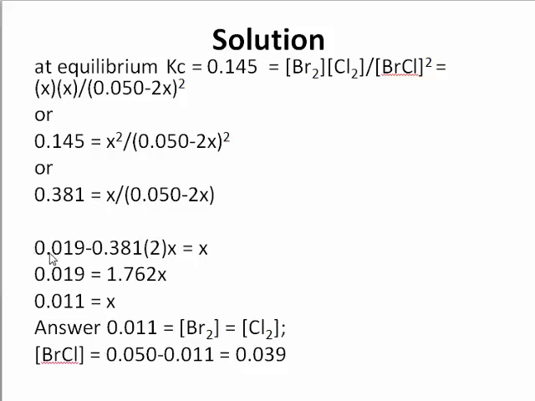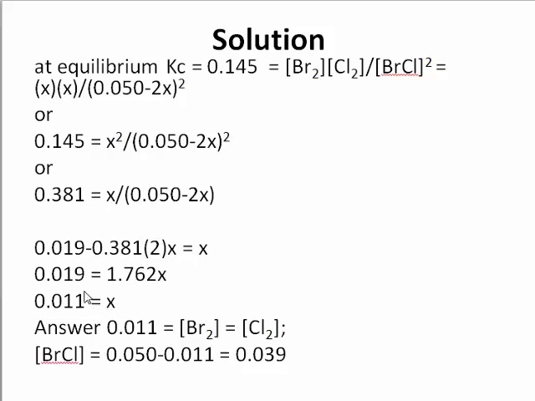Multiplying through by the denominator, 0.050 minus 2X, produces an X on the right, and 0.019 minus 0.381 times 2X on the left, or 0.019 equals 1.762X.